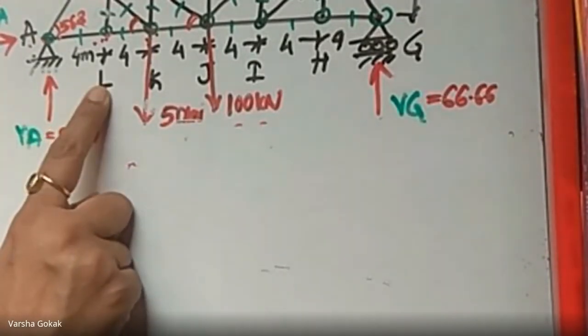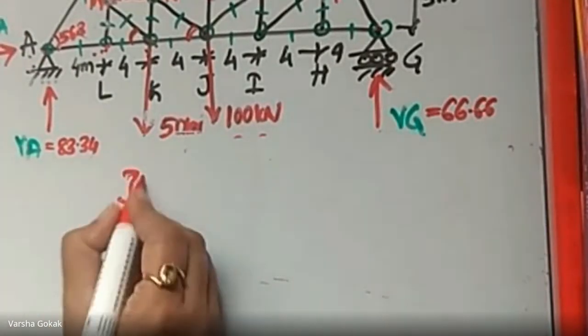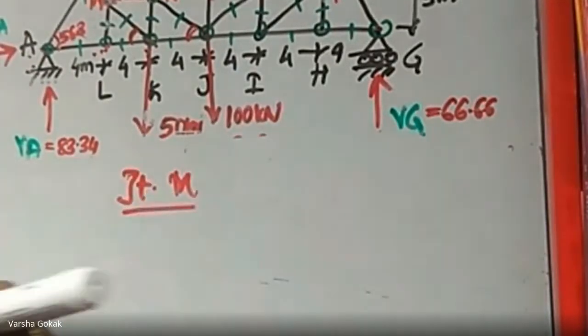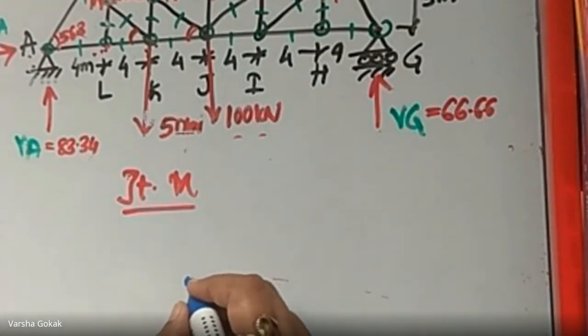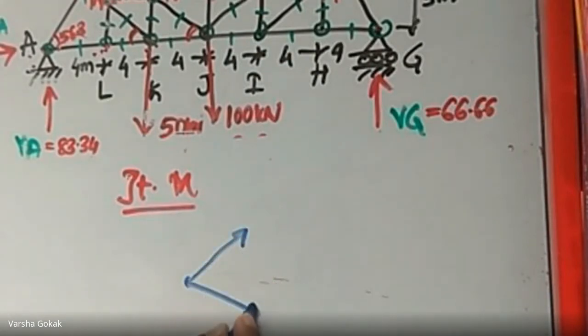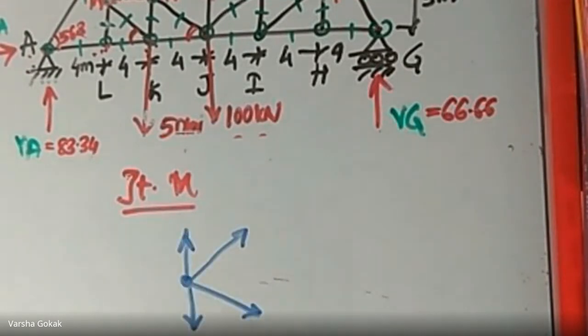Then after joint L, we will do the mid joint, joint M. So I'll get these two forces, right? I'll take joint M now. So what is there in joint M? I draw the joint over here. This is the joint M. There are two forces going out like this, and there are two up and down in this pattern. This is a particular joint.